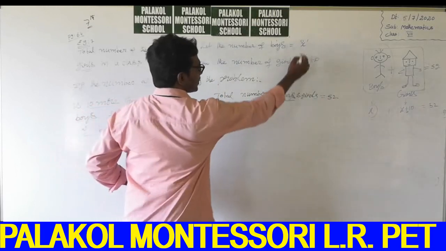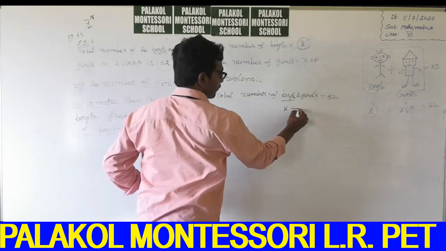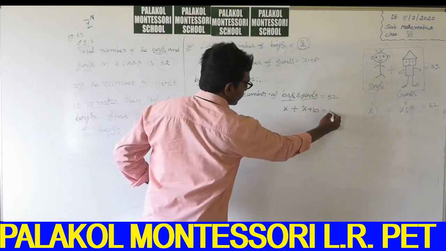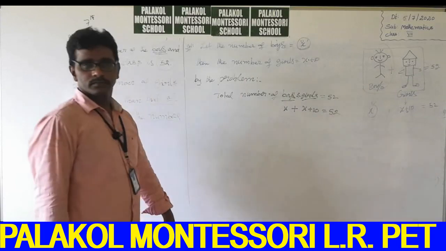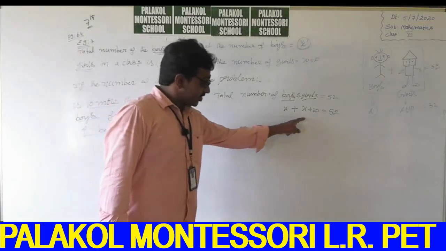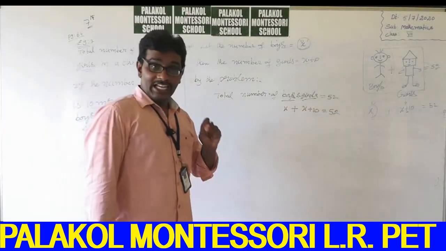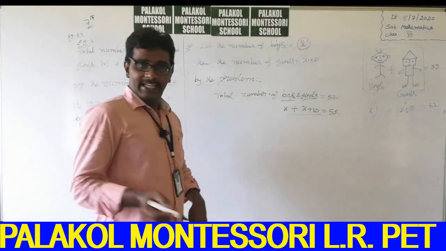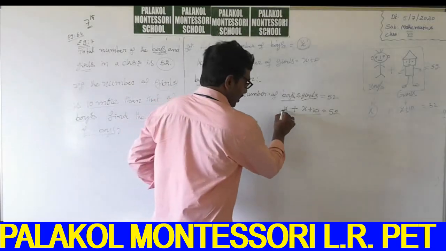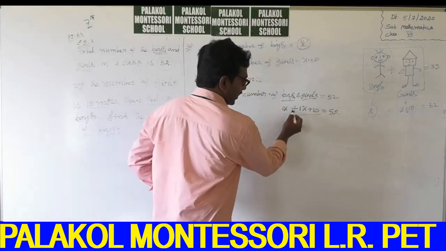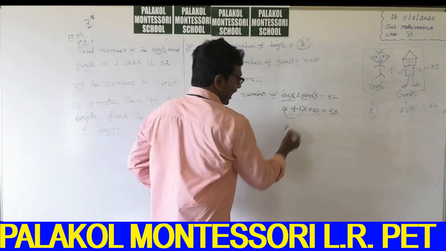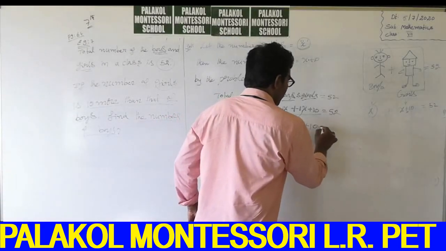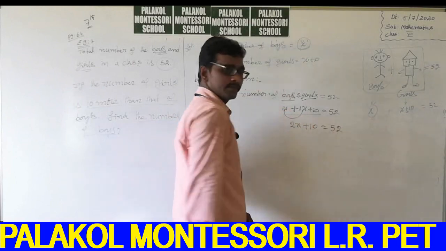So how many boys are there? x. Plus how many girls are there? x plus 10 is equal to 52. This is our equation. In this equation, on the left-hand side, some terms are there: 1x and 1x. The sign is plus, so add them. 1x plus 1x is 2x. 2x plus 10 is equal to 52, guys.